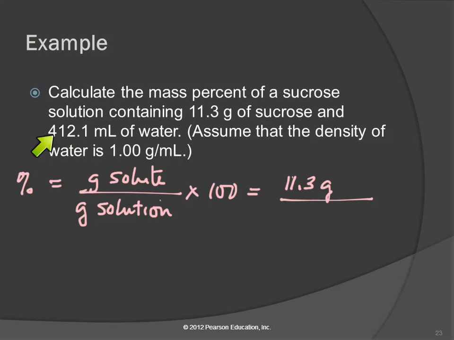We have this volume of water, and we're told to assume that the density is 1 gram per milliliter. So 412.1 milliliters times 1 gram per milliliter. How many grams does that get us? 412.1, right? Now, do you really have to write that out?